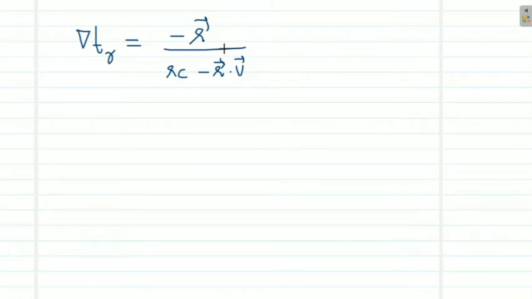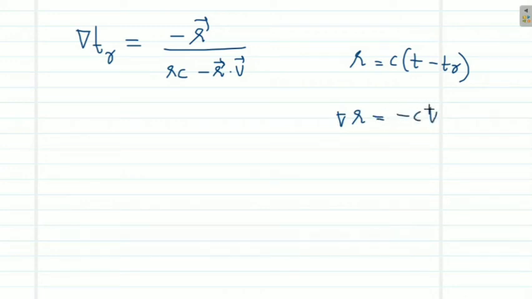To find del tr, we need to consider the equation r equal to c into t minus tr. So what will be del r? Del r is minus c into del tr. So this is the equation that we have in our hand: minus c into del tr is equal to del r.